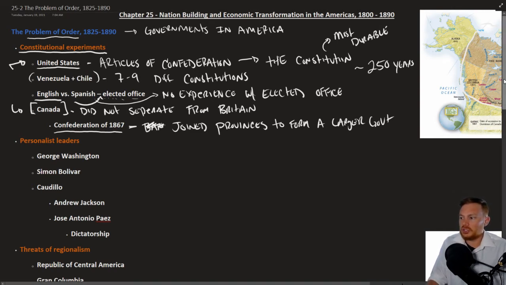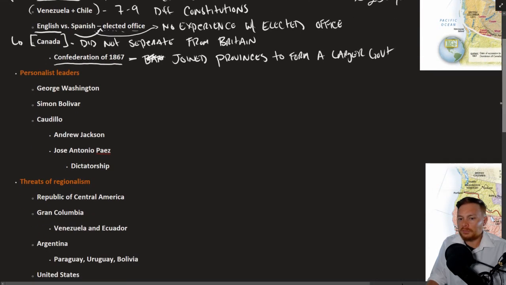In many of these nations, independence revolved around single individualists. We call these personalist leaders, similar to the way that popular authoritarianism ruled in Europe with Napoleon, despite the fact that these were governments supported and sponsored by the Enlightenment. In a lot of ways, it was really up to individuals to lead the charge.